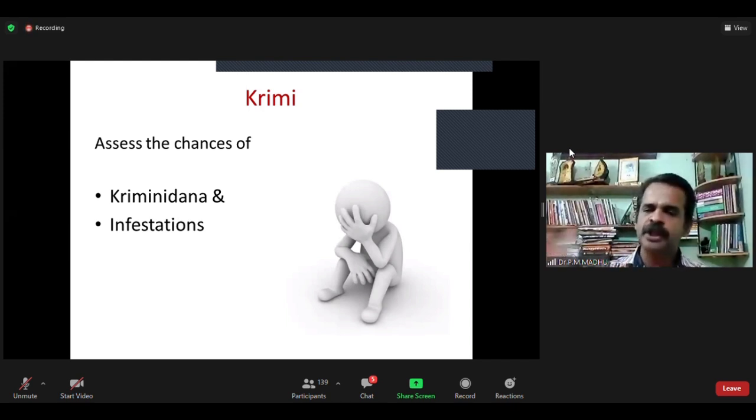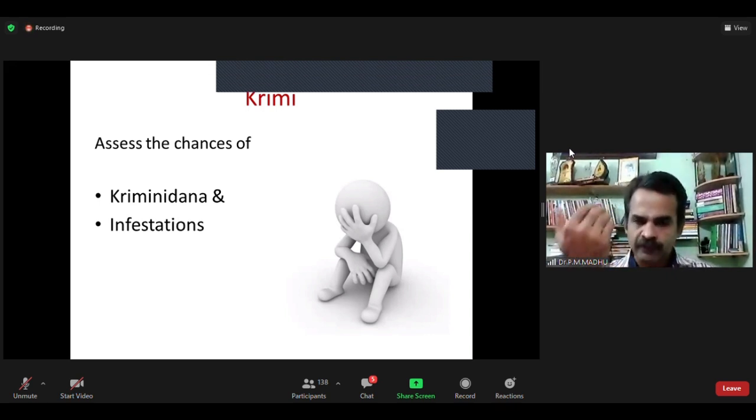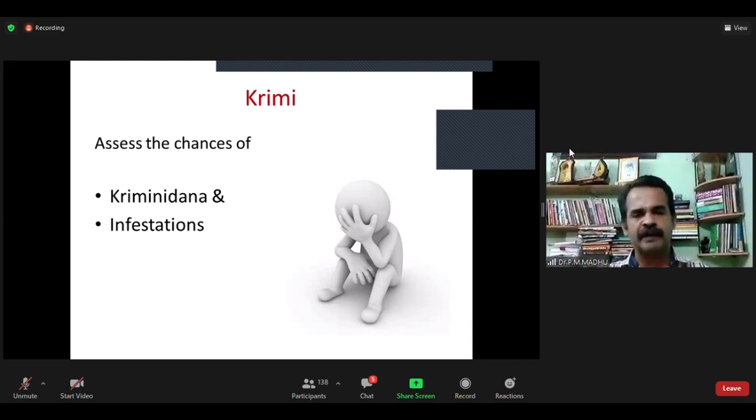He should avoid sweet items and pishtanna, like that, the Krimi Nidana, and he should take a habit of taking tikta shakas and like that. So Krimi should be removed properly. Then the skin manifestations will automatically reduce. So in diagnostic considerations, the role of Krimi is also very relevant.